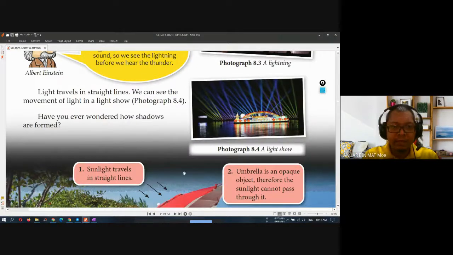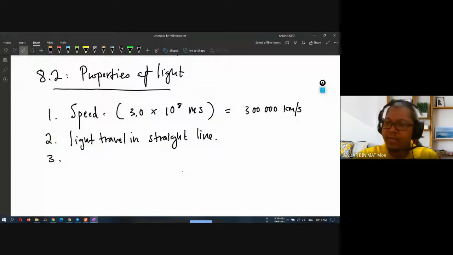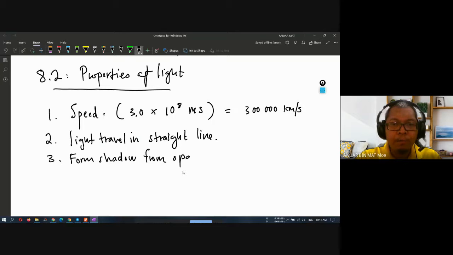What is the next one? Formation of shadow. So you can see maybe property number 3. It can form a shadow, a shadow from an opaque object.